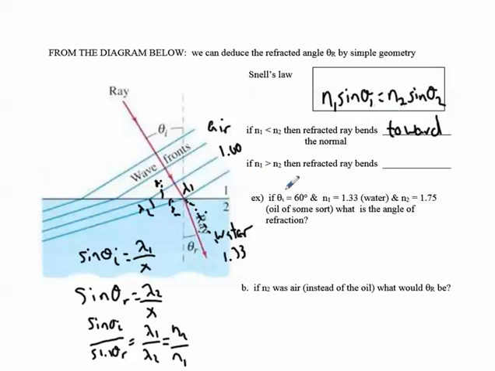Using the same logic, if we enter a medium with a lower index of refraction, we reverse this ray, starting in water and entering air. I take that back: the theta R in this case is greater than the theta I when we reverse it. So when you enter a lower index of refraction, in other words your initial is greater than your second one, the refracted ray bends away from the normal.